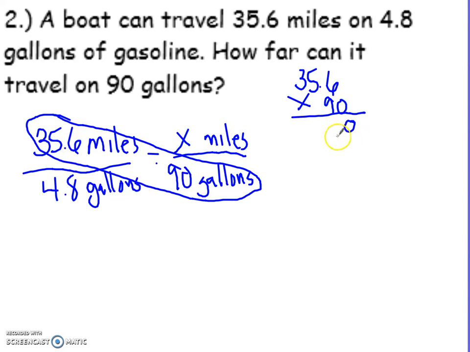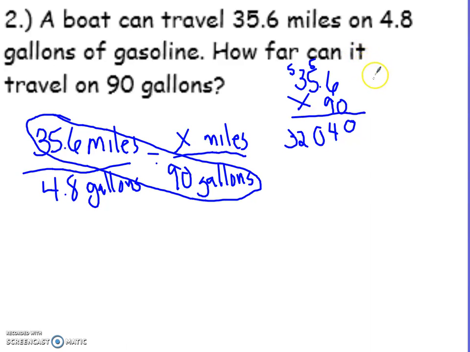9 times 6 is going to get me 54. 9 times 5 is going to be 45, plus 5 will get me 50. 9 times 3 is 27, 28, 29, 30, 31, 32.